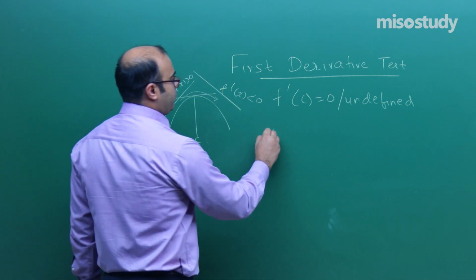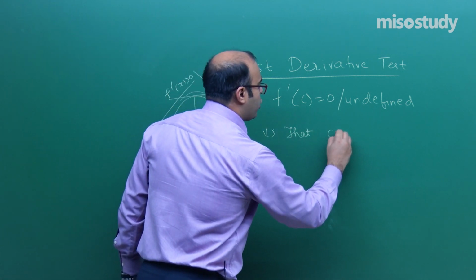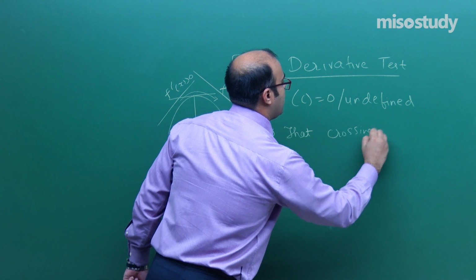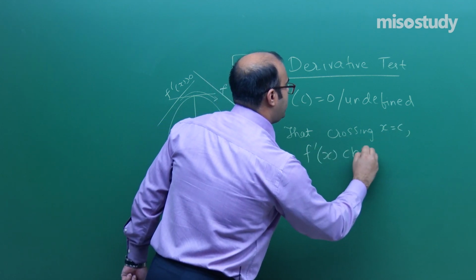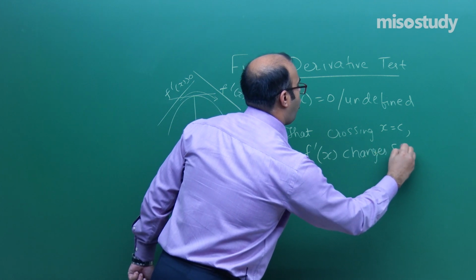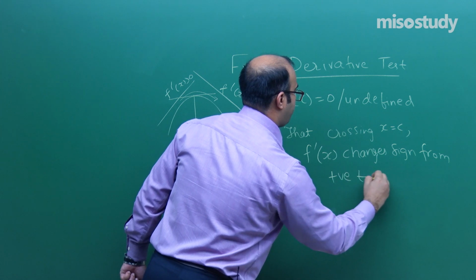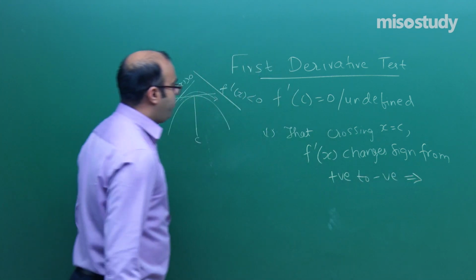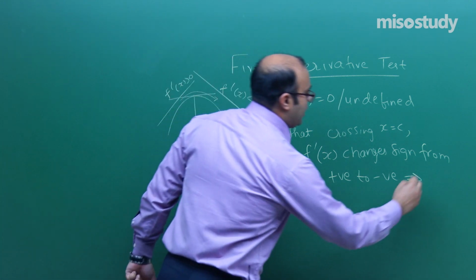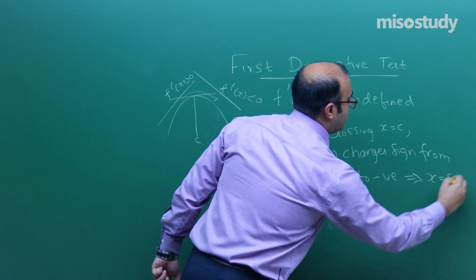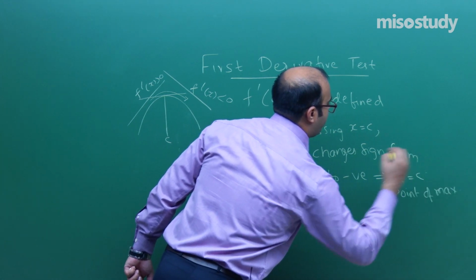So, what you will say is that crossing the point x is equal to c, f dash x changes sign from positive to negative, which implies that x is equal to c is a point of maxima, as we can see in this graph.